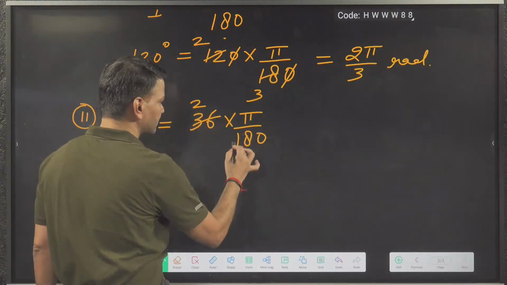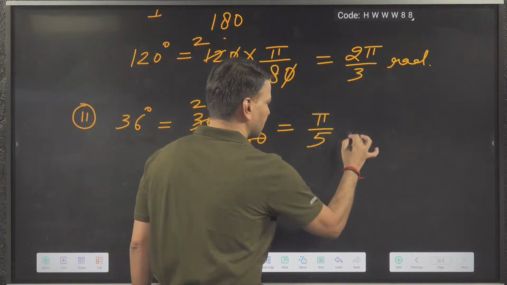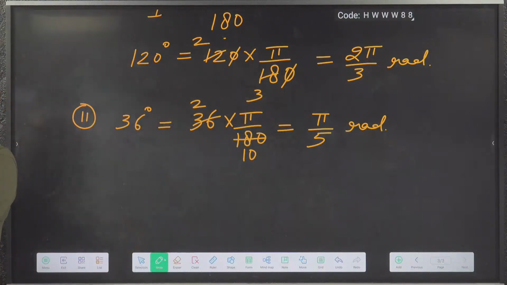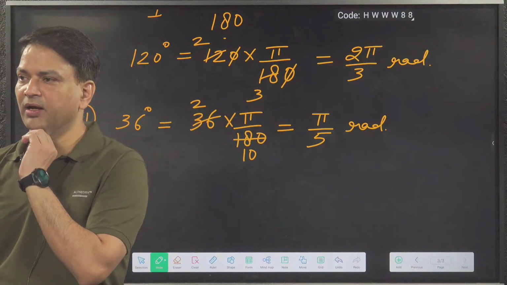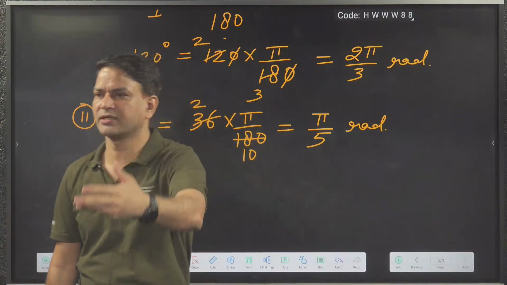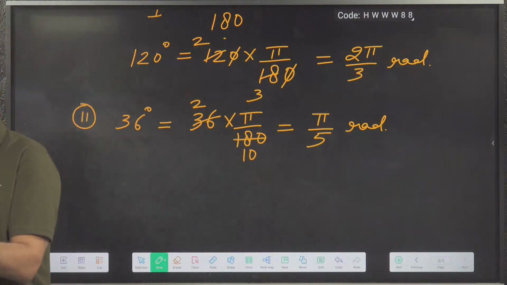Then what you got? Pi by 5 radian. Okay, so 36 degree is pi by 5 radian. First we are going through the process of how to convert the degree. Then I will say later that you have to remember the multiplication factor, by that you can do fast.